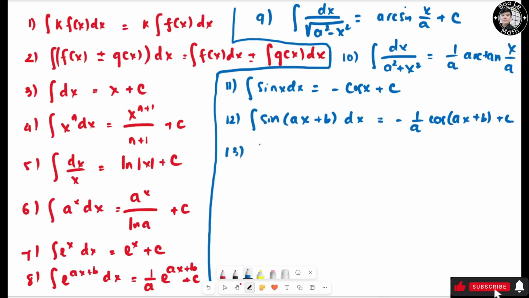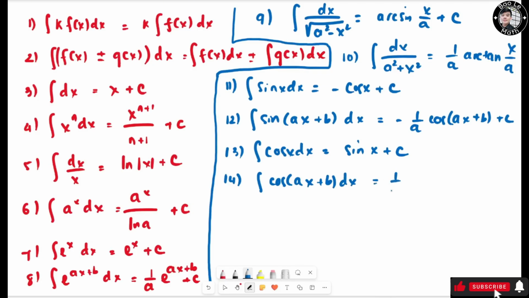Number 13. Antiderivative of cosine s ds equals sine s plus c. Number 14. Antiderivative of cosine of as plus b ds equals 1 over a sine of as plus b plus c.